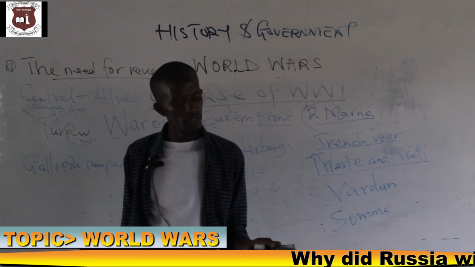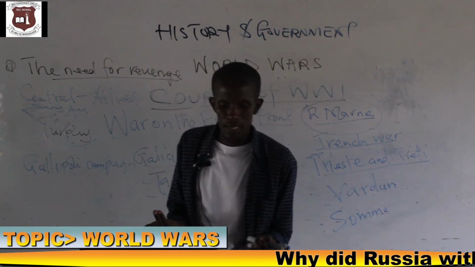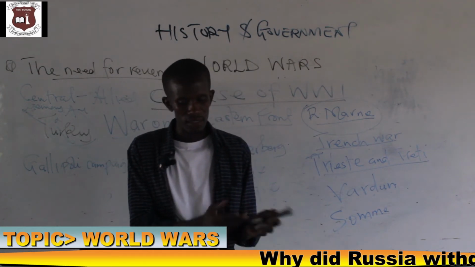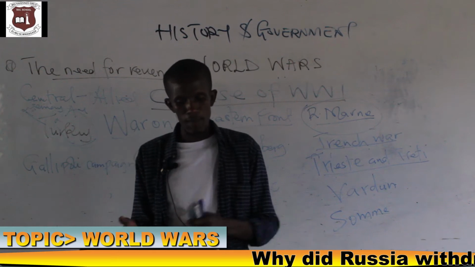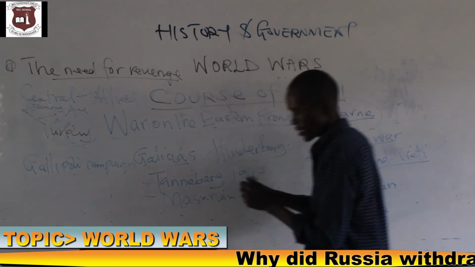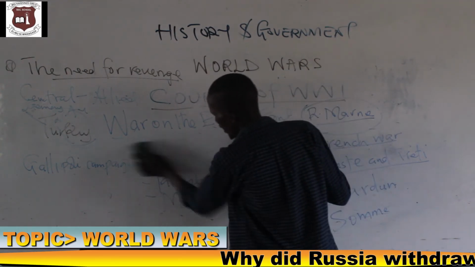Another reason that led to the failure of the campaign is the British troops in Baghdad, that is current Iraq, at Kut El Amara. I don't know if that is the correct pronunciation, but I'll give you the correct spelling.